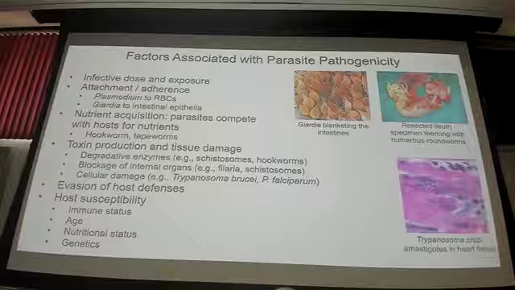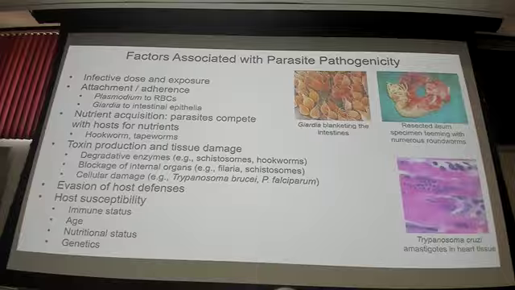Blockage of internal organs. Right here we see part of a colon that is basically bursting with Ascaris lumbricoides, this giant intestinal worm. This was in a child, I think like an 18-month-old child who presented with some heavy GI bleeding, and they had to do an emergency surgery.